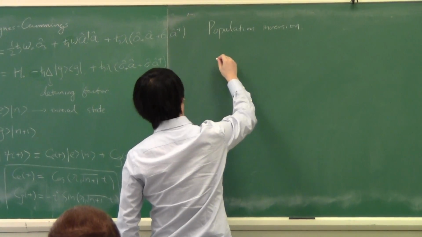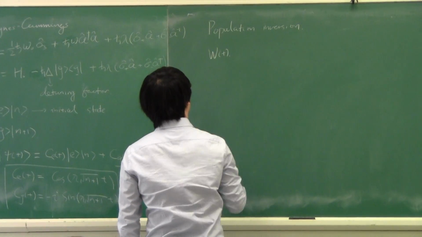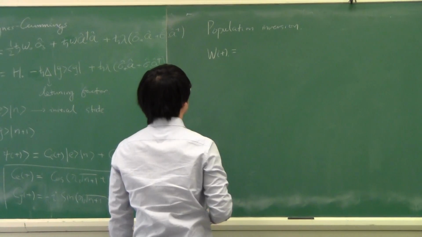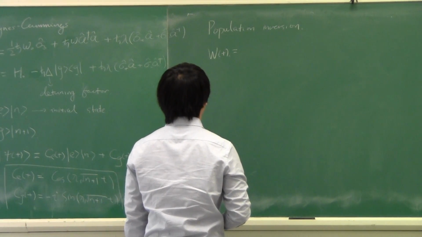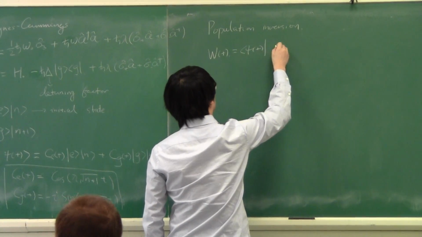This is typically denoted by W, and this is of course a function of time. The population inversion is the expectation value of this operator.